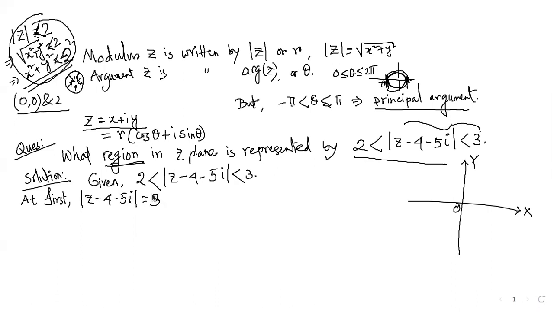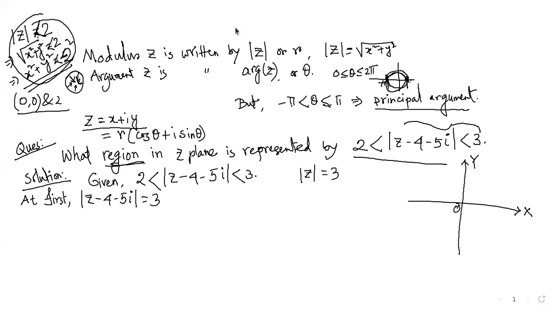What is this? I think you know this is the equation of a circle. And how can we understand this is the equation of a circle? For example, |z| equal to 3 is the equation of a circle, center is 0, 0, radius is 3, isn't it? Yes, sir.